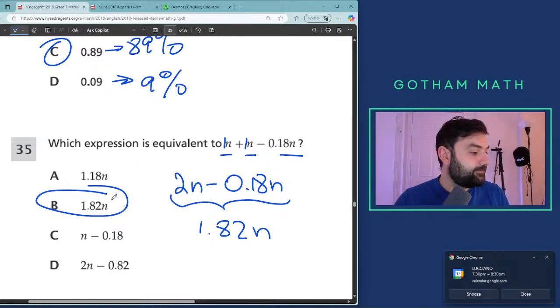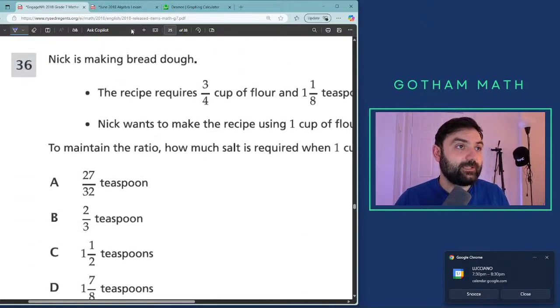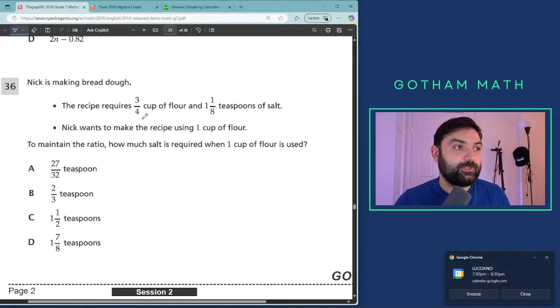Okay. The next question is question number 36. Nick is making bread dough. The recipe requires 3/4 cup of flour and 1 1/8 teaspoon of salt. Nick wants to make a recipe using 1 cup of flour. To maintain the ratio, how much salt is required when 1 cup of flour is used? All right, so for this, we're going to have to use a proportion.